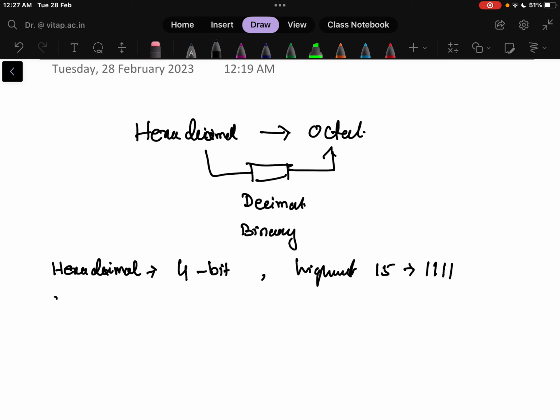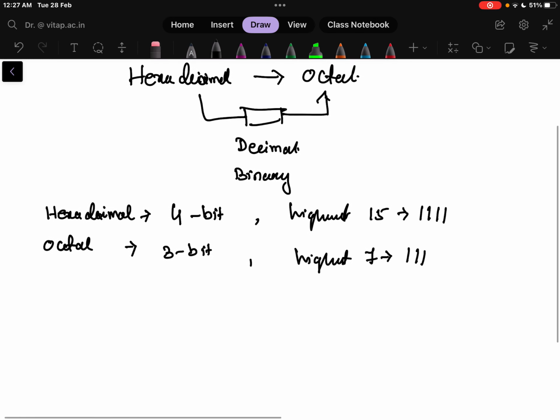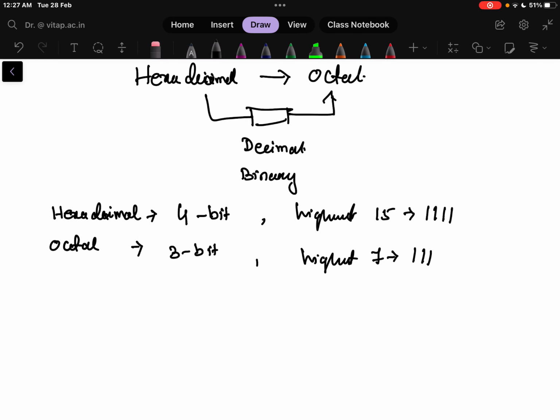When we are representing an octal number, we have to represent it with 3 bits, because the highest number in octal is 7, which is 111. So hexadecimal is represented with 4 bits of binary digits, and octal with 3 bits of binary digits.